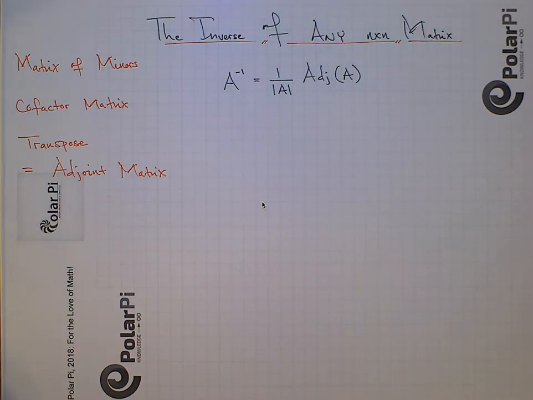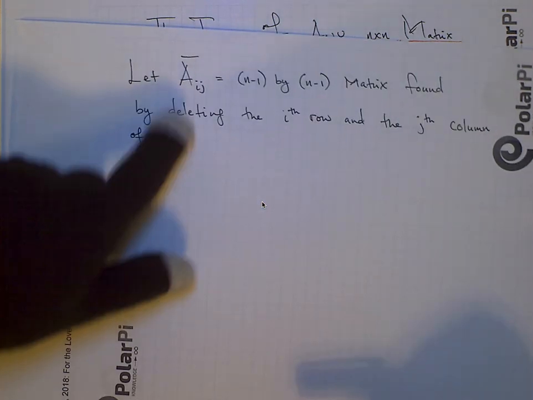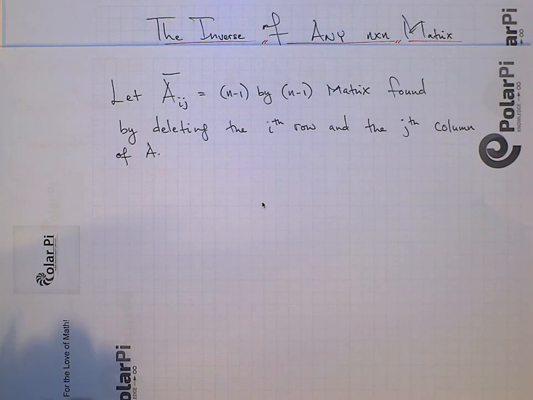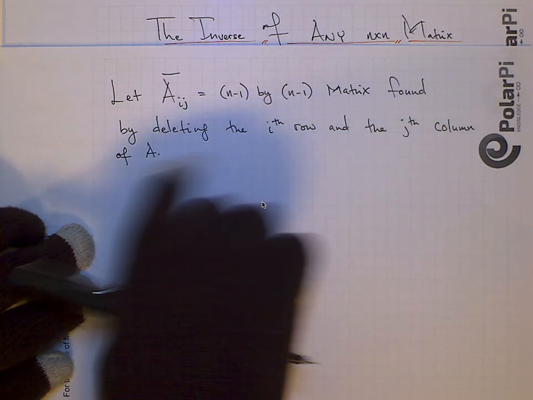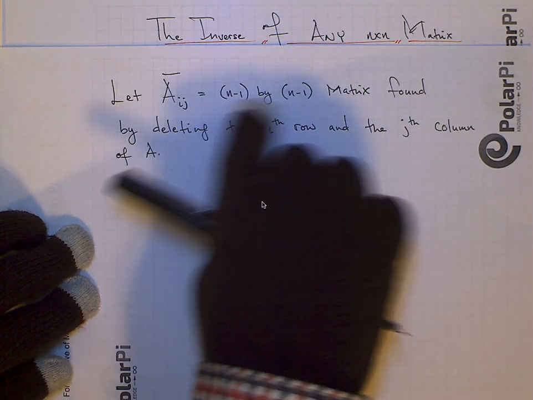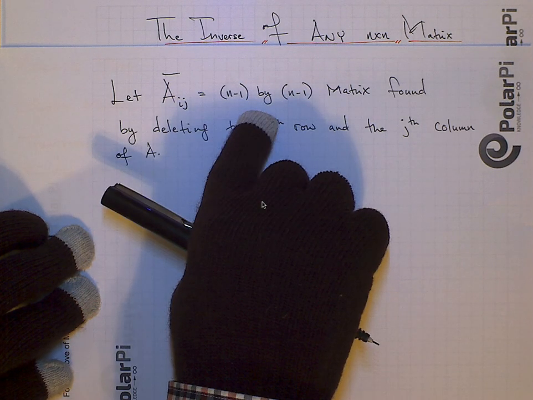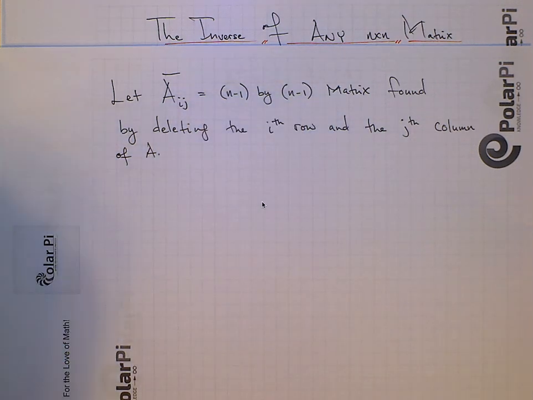All right. So how do we do this? Well, first, notice that when we were talking about the determinant of any n by n matrix, we talked about a certain matrix called Aij bar that we found by deleting the ith row and the jth column of the matrix A. So Aij bar is an n minus 1 by n minus 1 matrix, so one dimension less in the row and column, right?